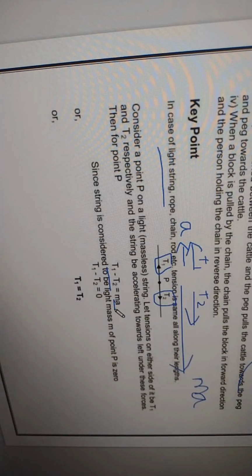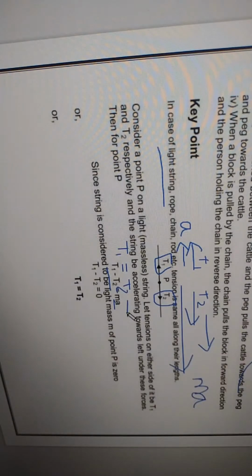Suppose we have to calculate T1. T1 is in this direction, and in this direction there are two terms, T2 and MA. So T1 is equal to T2 plus MA.